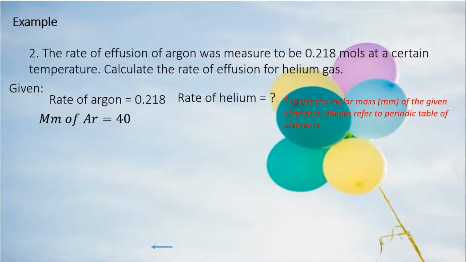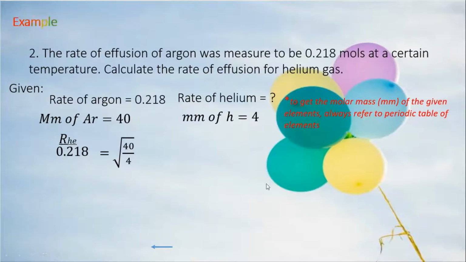We have 40 for the molar mass of argon and 4 for the molar mass of helium. So we have rate of helium over 0.218, which is the rate of argon, equal to the square root of 40, the molar mass of argon, over the molar mass of helium, which is 4.